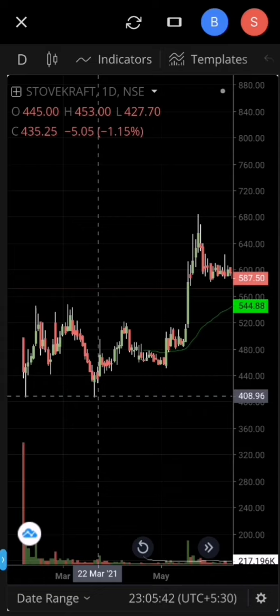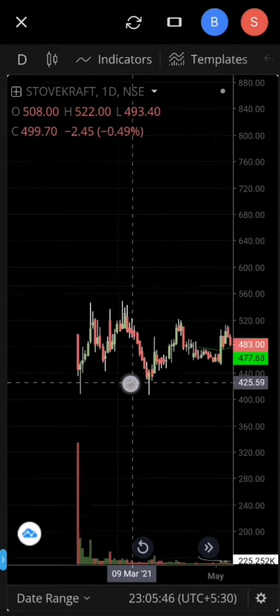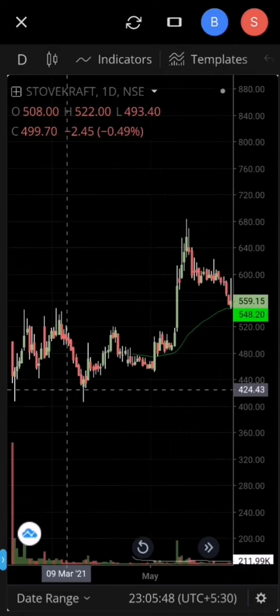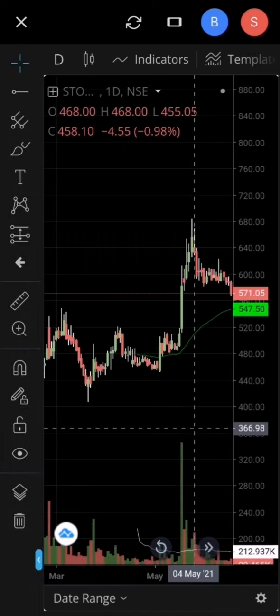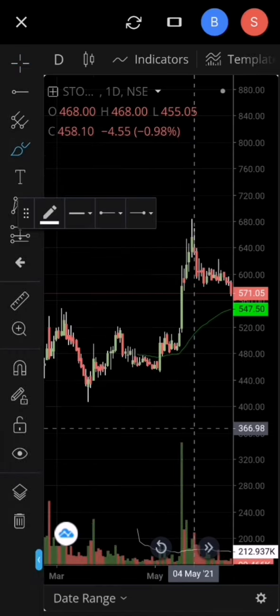However, once this pressure was diminished, we could see there is a formation of base over here. If you could see, there is a formation of base with higher lows being formed. So I'll just highlight it for you.